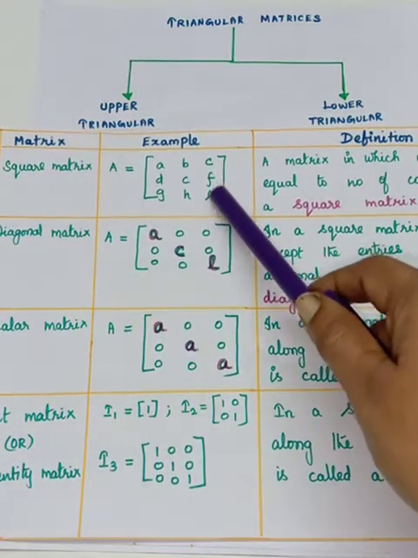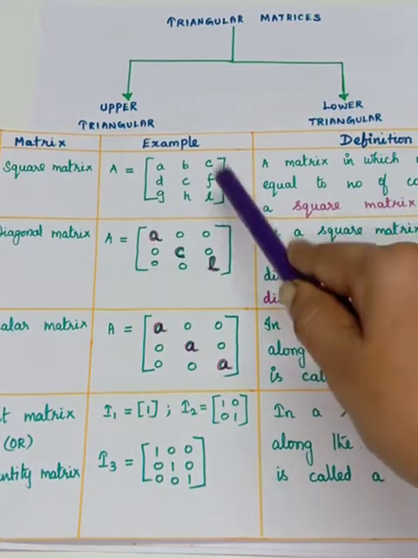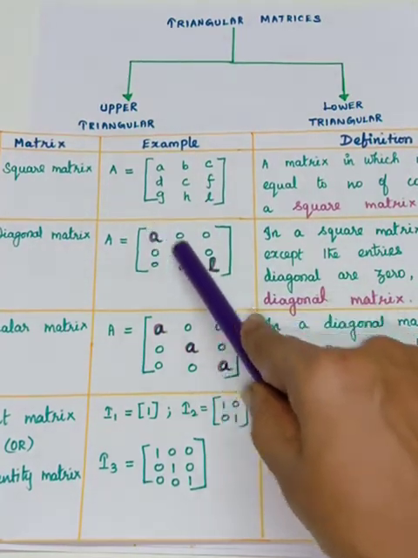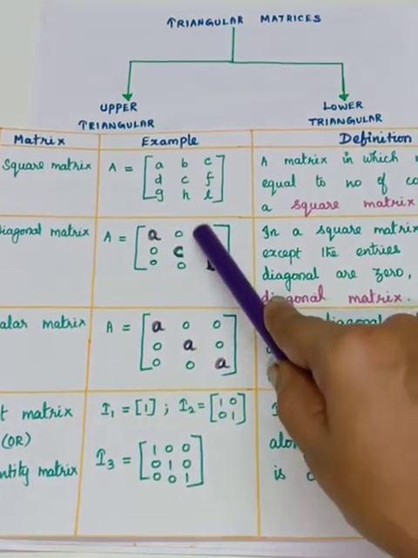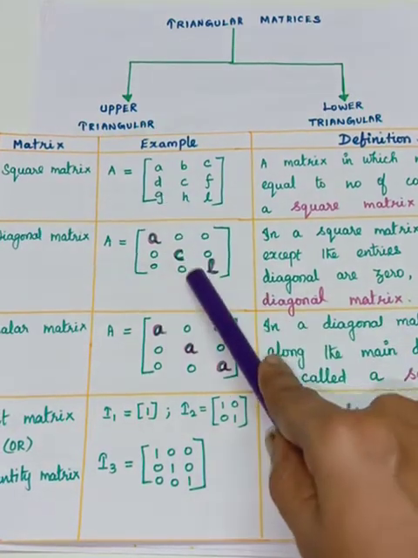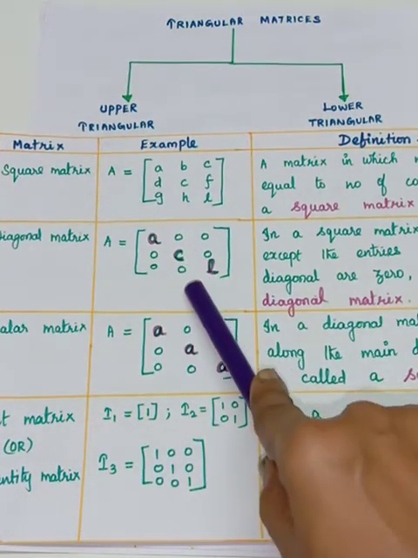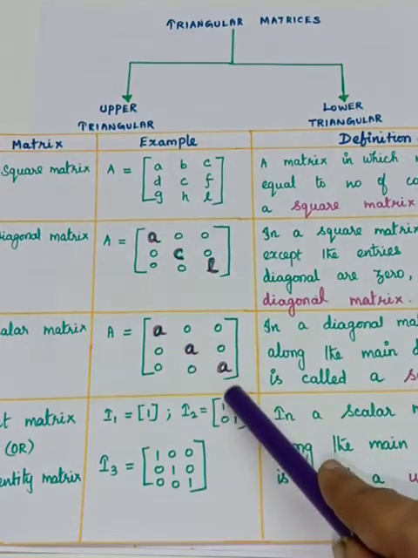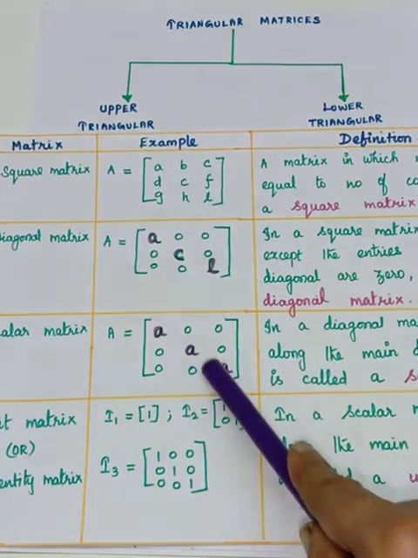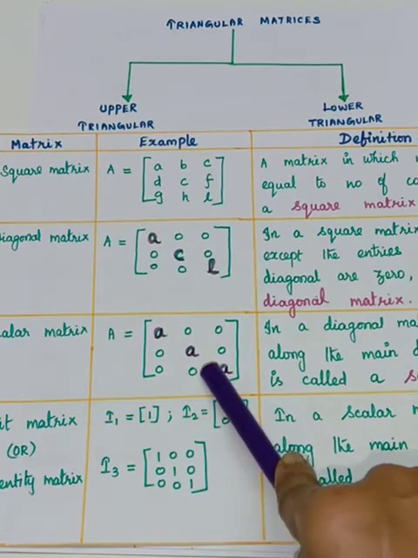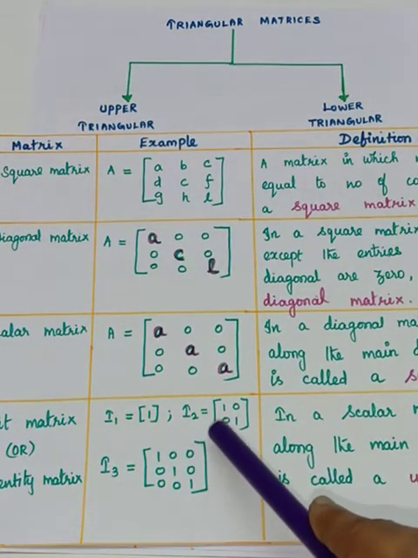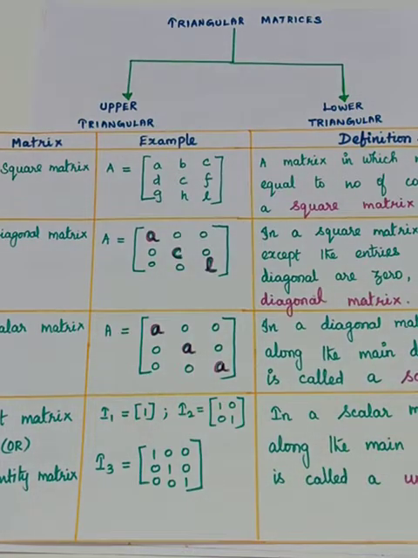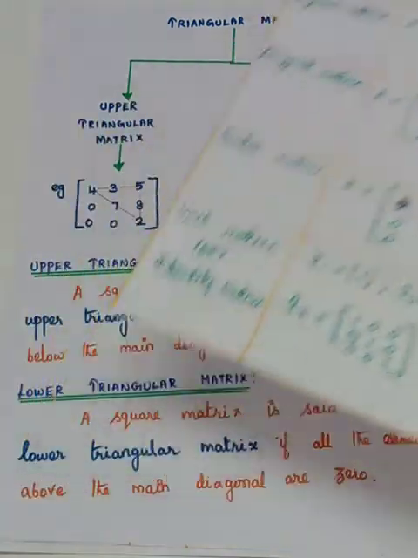Number of rows and number of columns are equal, that is a square matrix. In the square matrix, except the main diagonal elements, the remaining are 0, that is called a diagonal matrix. In the diagonal matrix, the main diagonal entries are equal, that is a scalar matrix. In the scalar matrix, the main diagonal elements are 1, that is called a unit matrix or identity matrix.